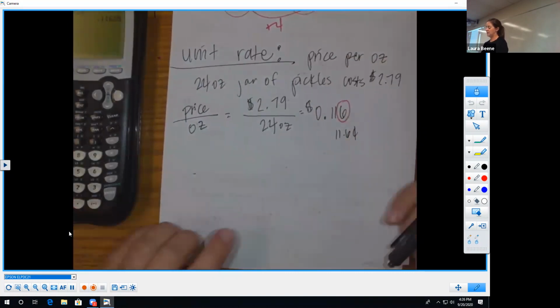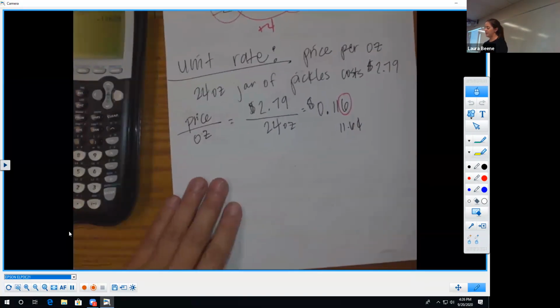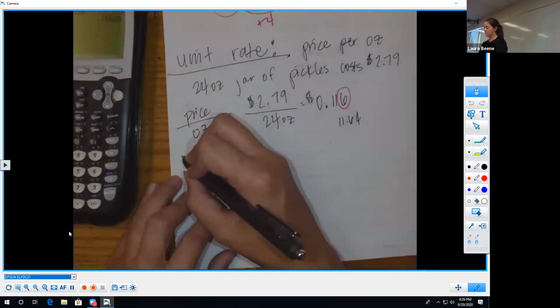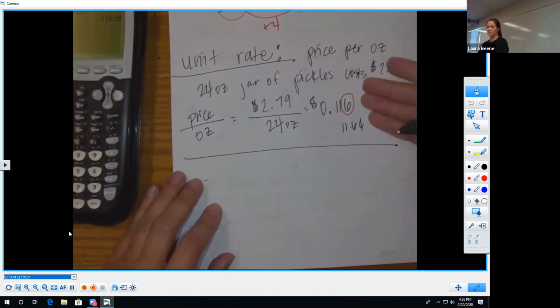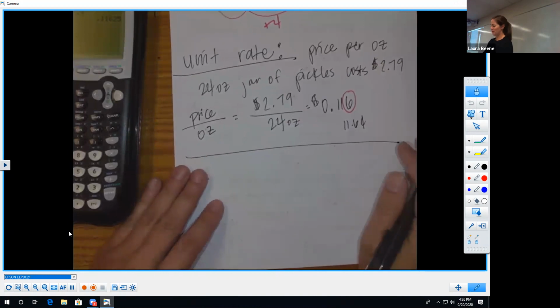Sorry, I was looking to see if I had a specific problem here. What if it was, I'm just going to make it up, what if there was another brand, a different brand. So let's say this is the Walmart brand, the Great Value brand, and this one's the Classic brand of pickles.